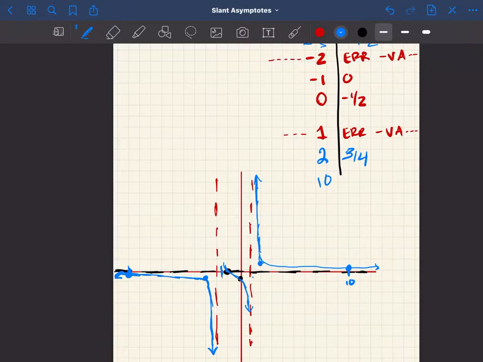If you want to pick a point that's in between here, so maybe negative 1.5. We put that in using our calculator, negative 1.5, and we get a positive value. So we're correct, so that my graph is looking something like this.